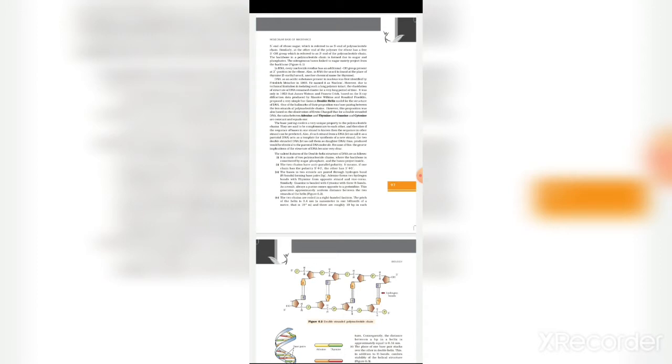The bases in the two strands of the DNA are held together by hydrogen bonds. How are these two strands linked? Actually, the nitrogenous bases are linked. The nitrogenous base of one DNA strand is linked with the nitrogenous base of the other DNA strand by hydrogen bonds.